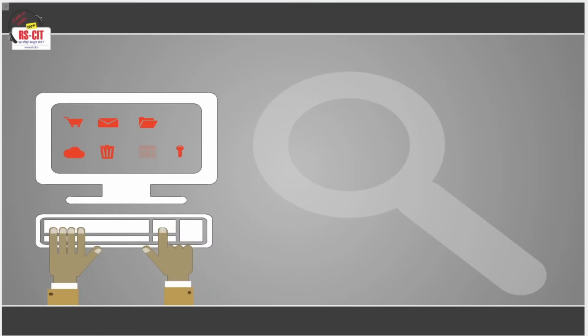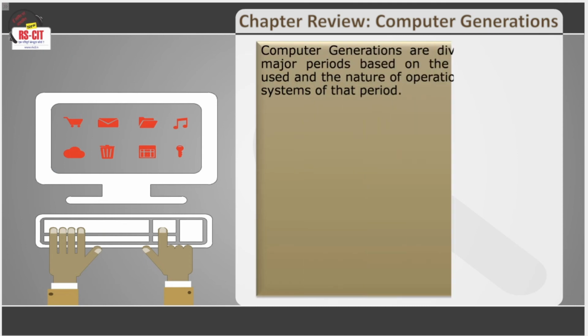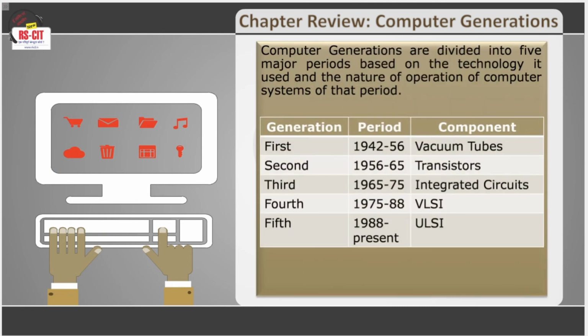Computer generations. Computer generations are divided into five major periods based on the technology used and the nature of operation of computer systems of that period. First generation. Period 1942 to 56. Component: vacuum tubes. Second generation. Period 1956 to 65.